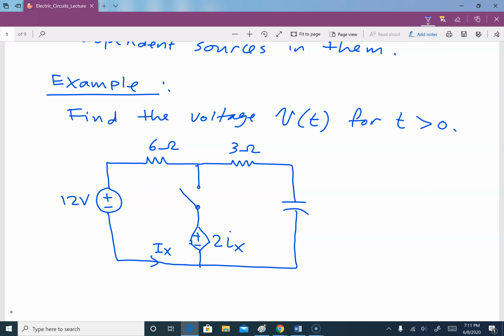And this is our switch, so it's going this way at t is equal to 0. So the switch was open and it closed at t is equal to 0. And this is where we need to find our V of t across the capacitor. And the capacitor value here is 0.05 farad. So this is what we need to solve.